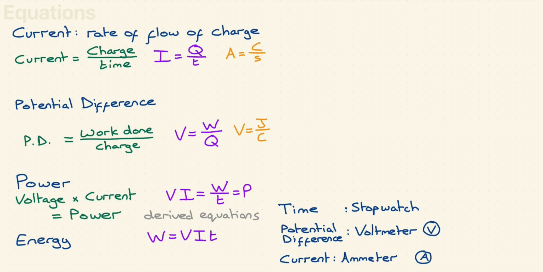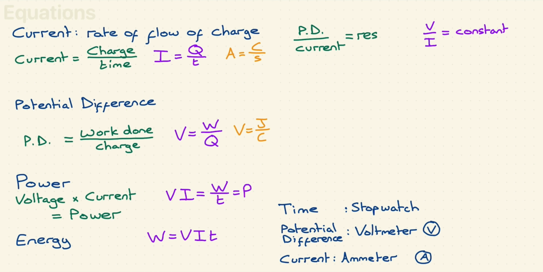What else can we do? We can divide, so let's try PD over current, V over I. And we find that for a normal resistor in a circuit, V over I is constant. It doesn't change. As you know, in physics, we like to give constants names, so this one we're going to call resistance.